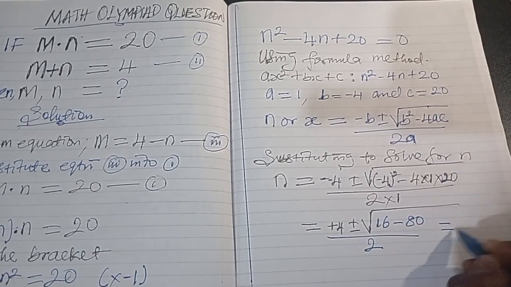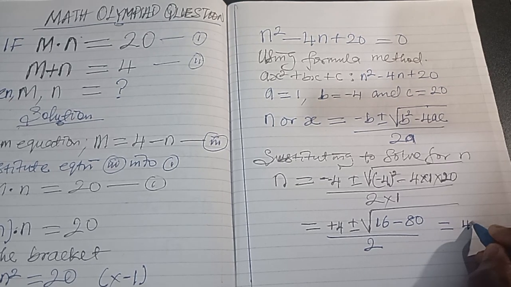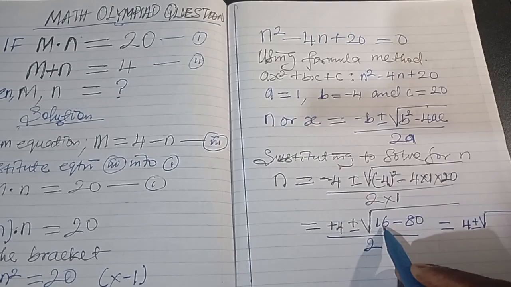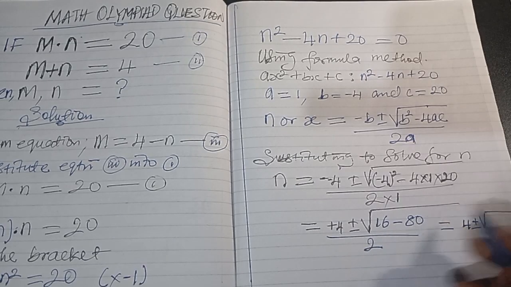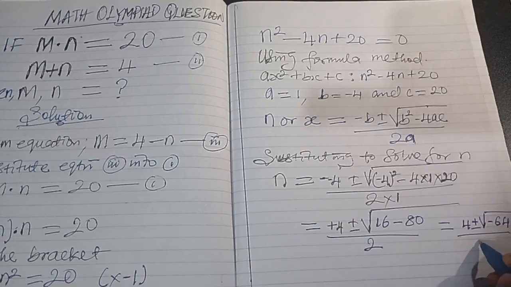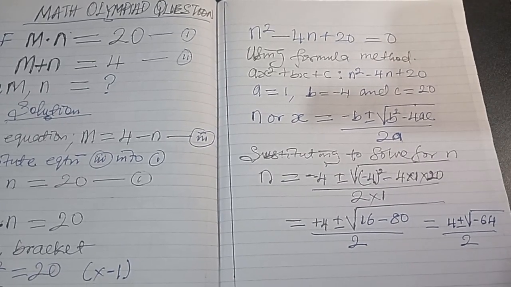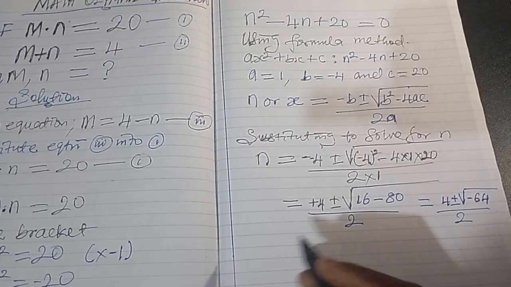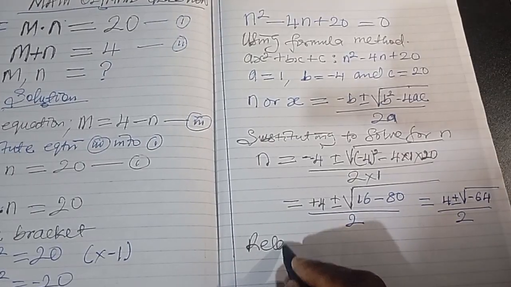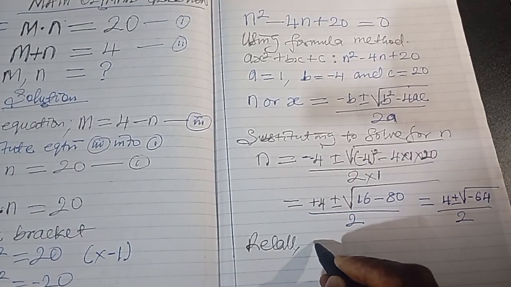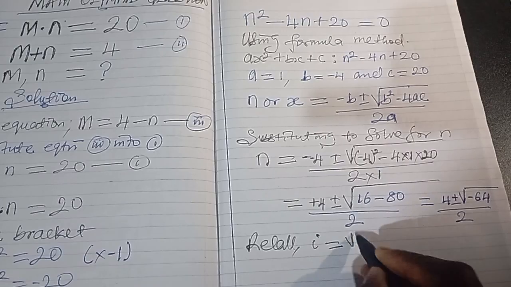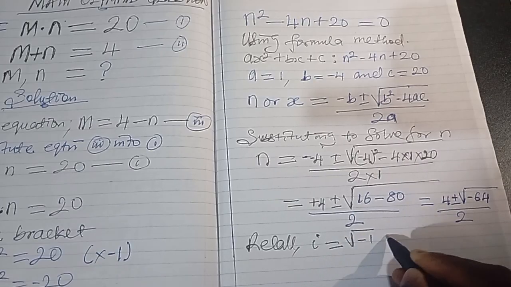So we can still have 4 plus or minus the square root of 16 minus 80. You have minus 64, all divided by 2. Now let's solve for that. Recall that i is equal to root minus 1.